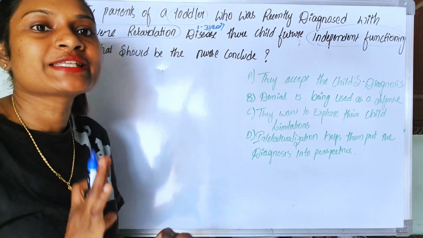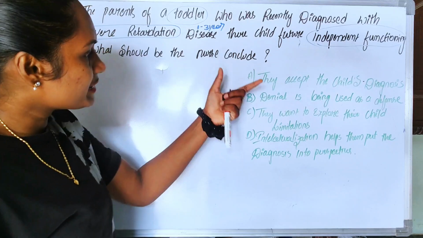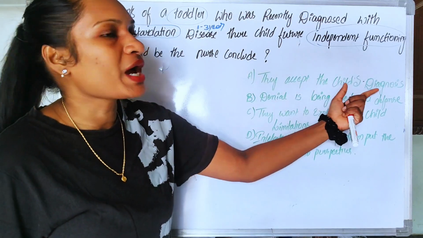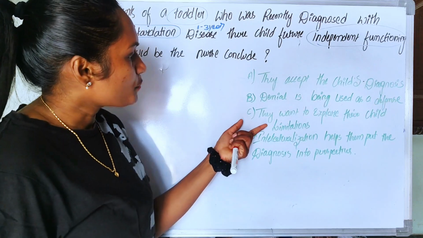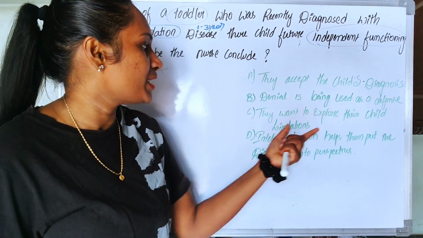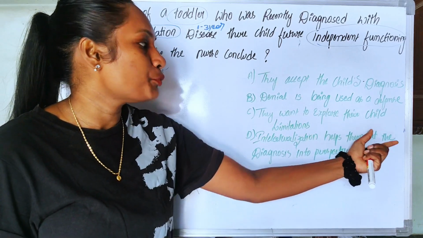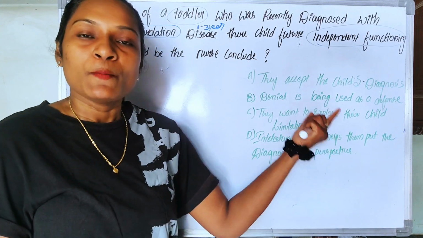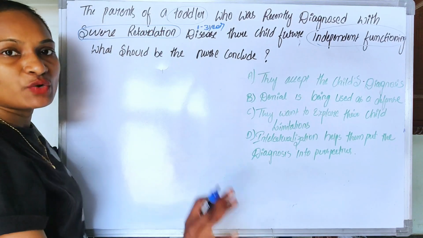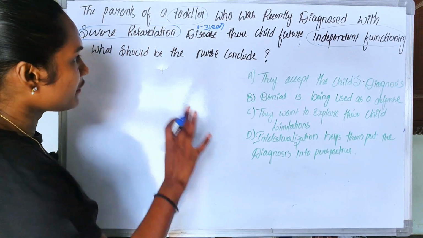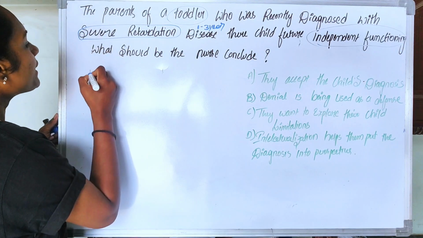What should the nurse answer? That is the question. First we'll see the options. Option A, they accept the child's diagnosis. Option B, denial is being used as a defense. Option C, they want to explore the child's limitations. Option D, intellectualization helps them put the diagnosis into perspective. So what is intellectualization? And what is mental retardation? We'll see that first, and after that we'll choose the correct answer. First, IQ.